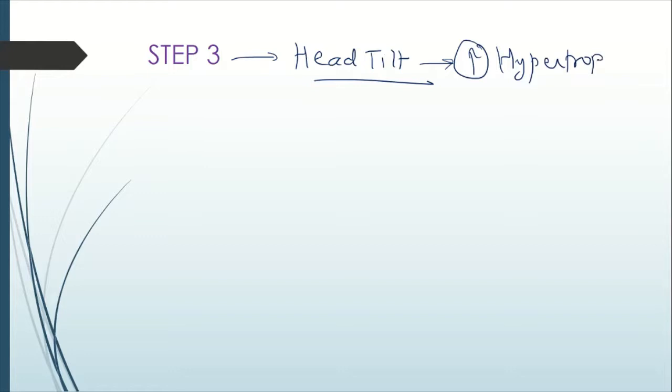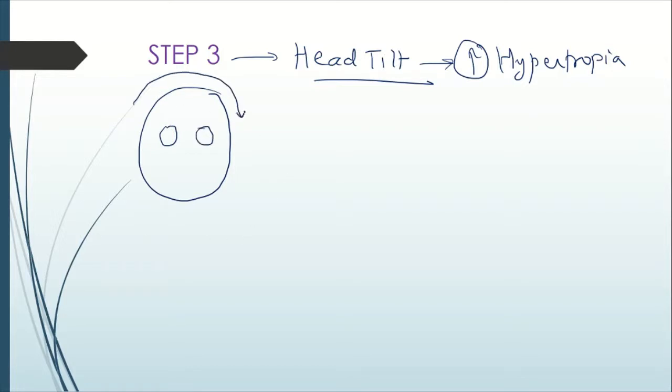The third step is the head tilt, which is causing the abnormality, that is increasing the hypertropia. Now what is the phenomenon? Imagine this to be the head of the patient. This is one eyeball, this is another eyeball. If my patient is tilting the head to one side, definitely to adjust the central gaze, the eyeballs will rotate to the opposite side.